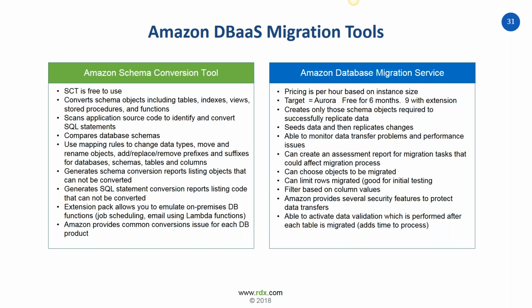The vendor provides utilities that help customers migrate their on-premises environments to their cloud systems. In Q4 2016, Amazon released the AWS Database Migration Service, DMS. DMS is a very robust replication utility that allows you to initially seed your Amazon cloud database with data and then keep it in sync with your on-premises system.